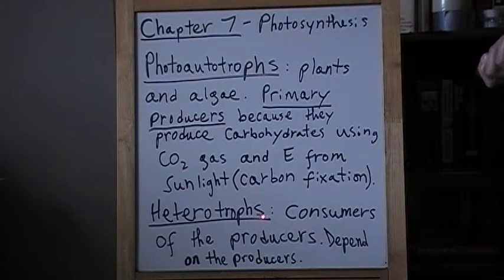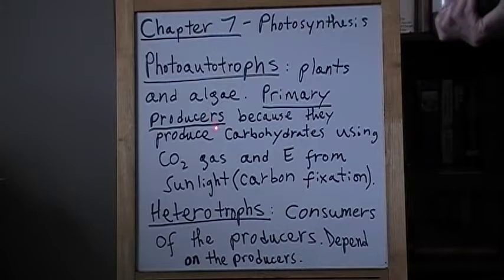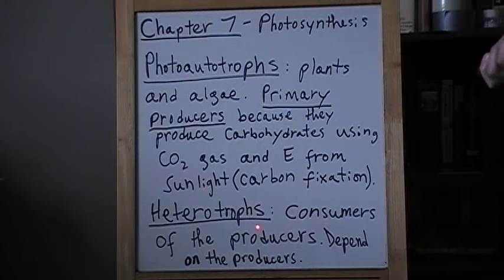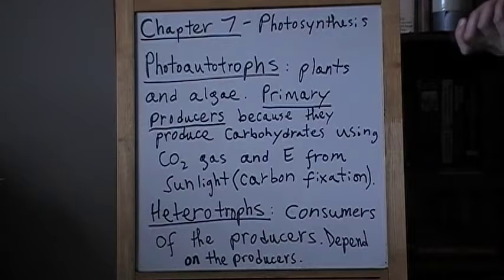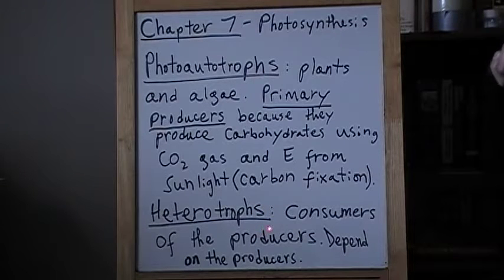The heterotrophs are consuming the primary producers, so eating plants, and obviously this would be the animals, but also when plants and algae die, then the bacteria and fungi break down the plant material and use the carbohydrates as a source of energy.